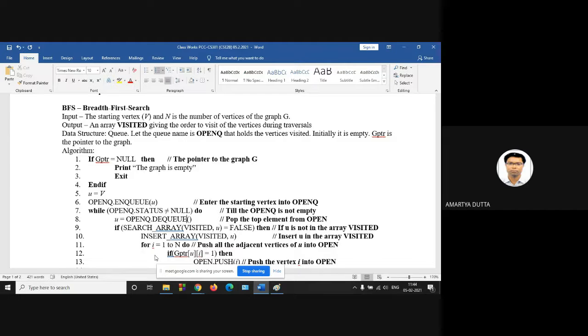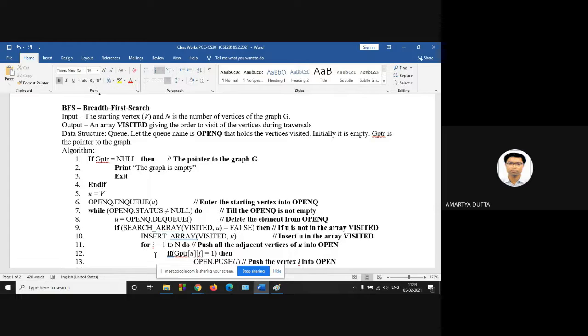That is, delete the element from the open queue.